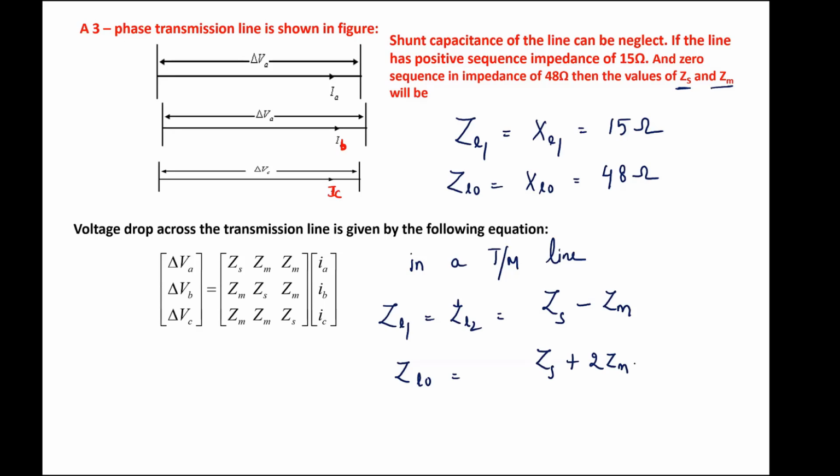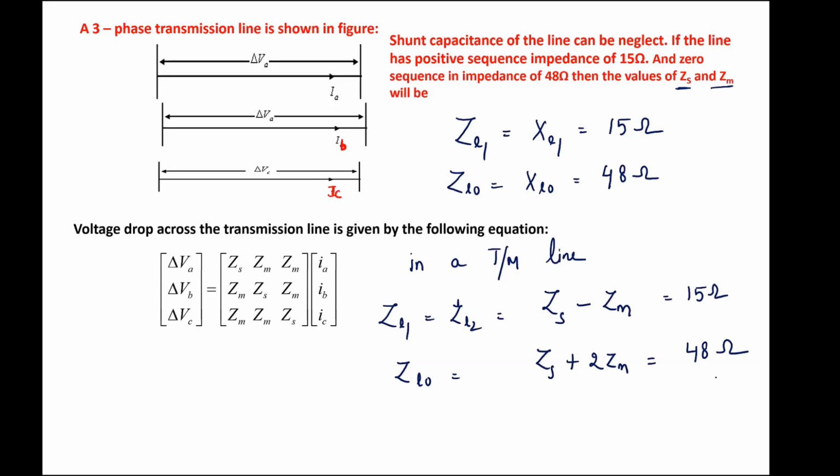Morning only we have studied this, where we have written in terms of reactances. Here he is giving in terms of impedances. So ZS minus ZM value he has given as 15 ohm, ZS plus 2ZM value as 48 ohm. From these algebraic equations, you should get the value of ZS and ZM. So if you solve these two, what you are going to get?